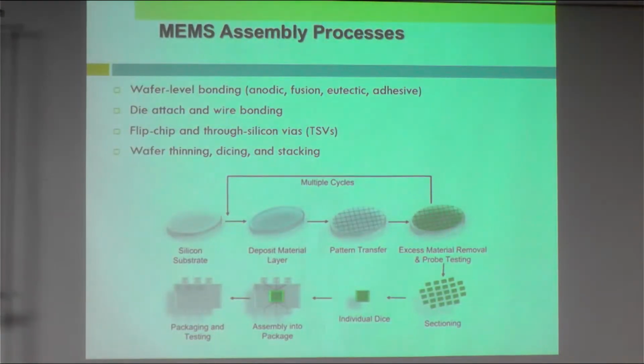Wafer level bonding normally will be done using anodic or fusion or eutectic, or using adhesive bonding.